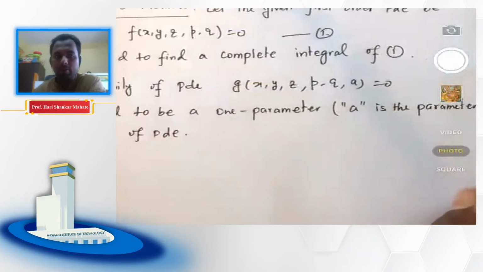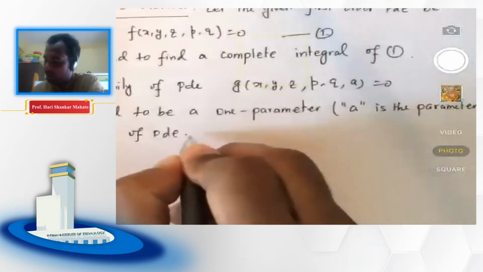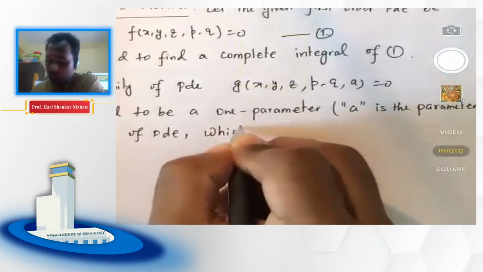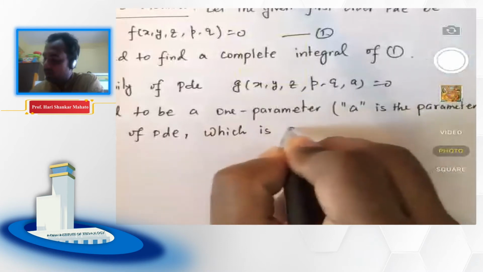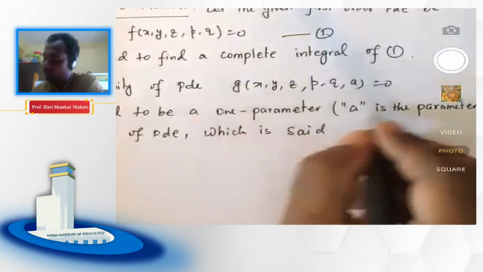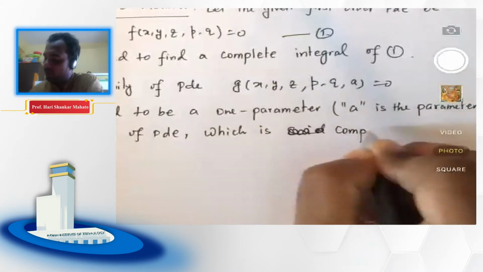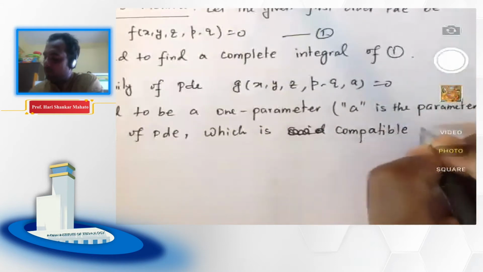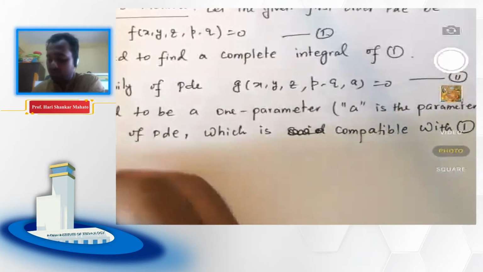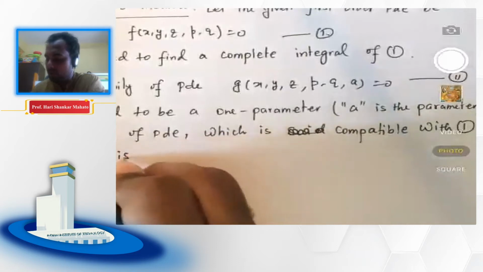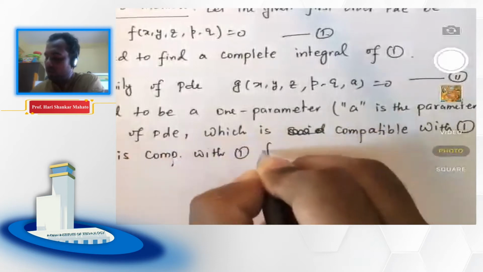If it is a one parameter family of PDE which is compatible with 1, let's call this equation number 2, if it is compatible with 1 for each a.